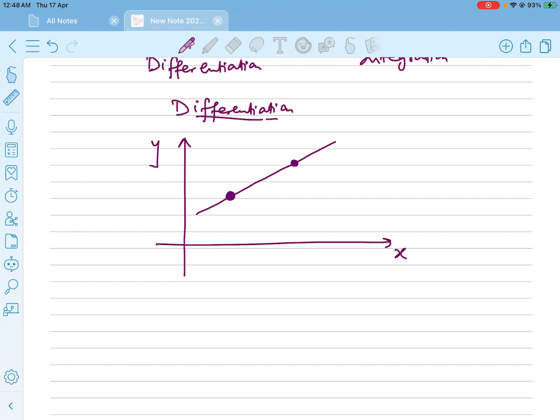Say the coordinates of these 2 points are x1, y1, and x2, y2. Then to find out the slope, we use the formula y2 minus y1 over x2 minus x1. So this is going to give me the slope. Okay. Now, for the straight line, it is very straightforward that you use this formula.